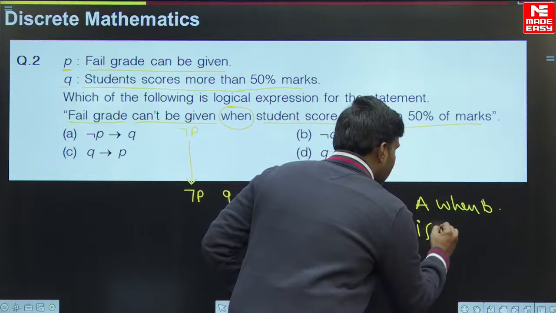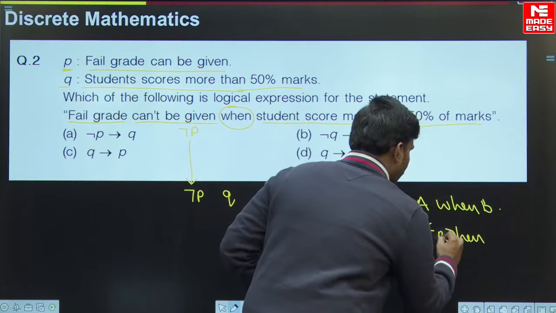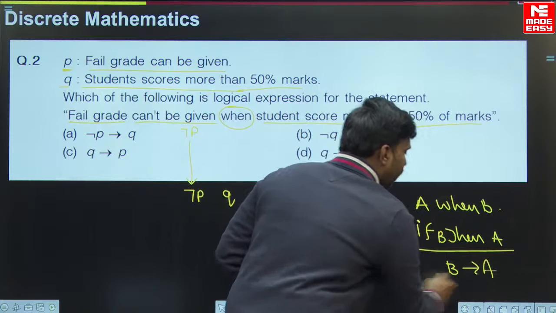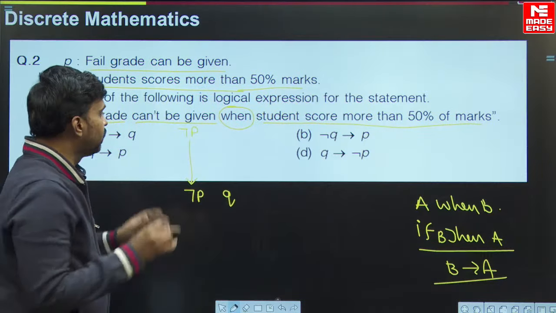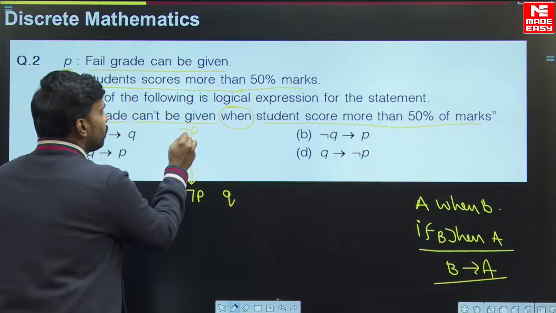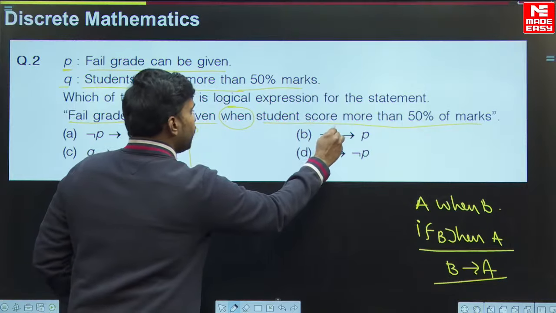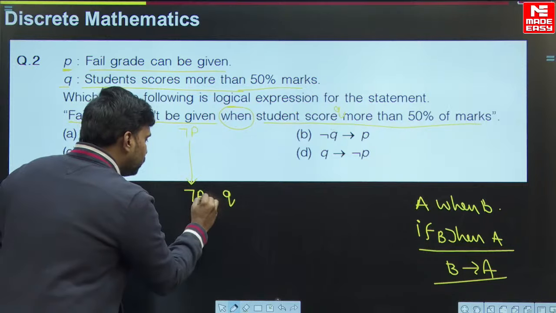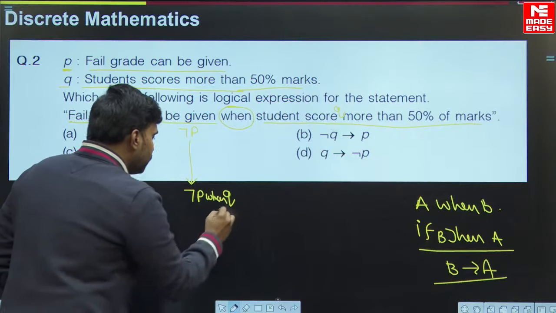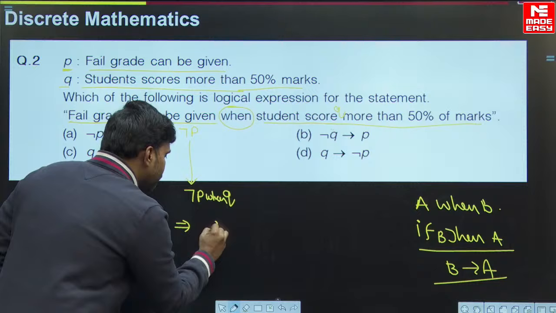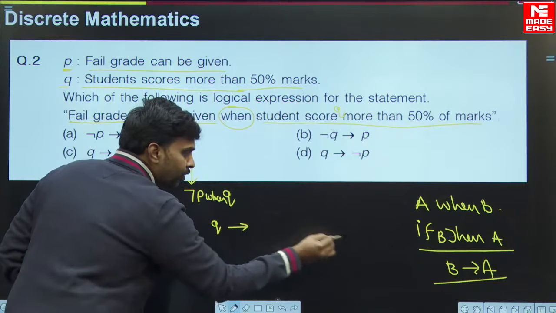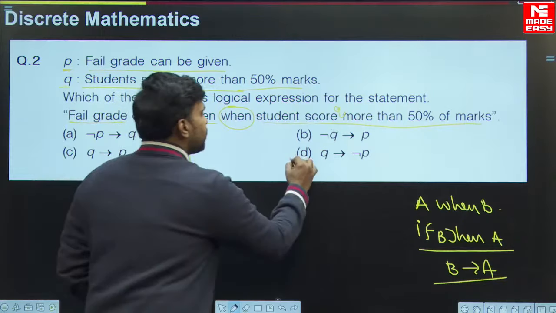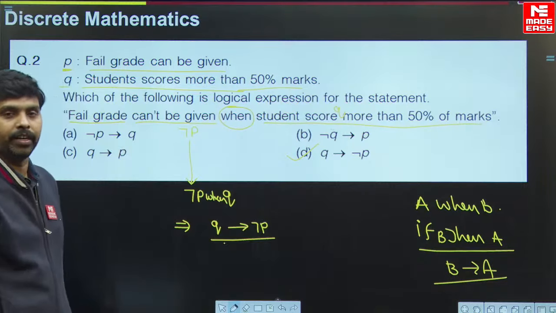So it is B to A here. The same way here, this one is Q, and it is when, so I can write this as Q conditional, and then A means negation P. So Q conditional negation P is option D here, right?